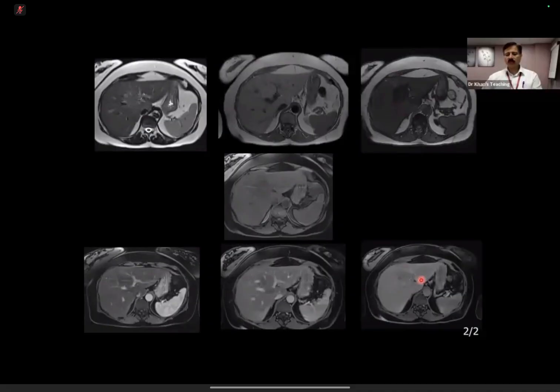But if I just give you this equilibrium phase, you will say, oh, this is an area which is dark. It was, by the way, dark here also, but you will not be as confident. So this is focal fatty infiltration.